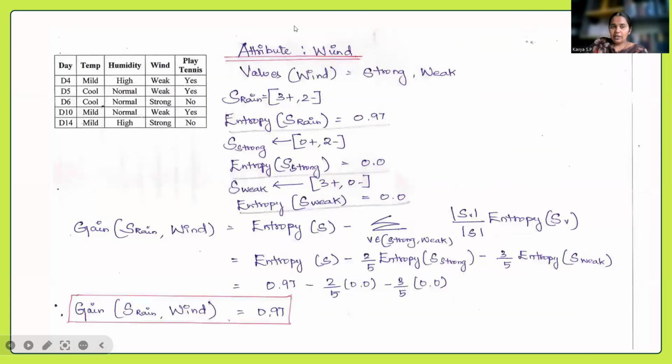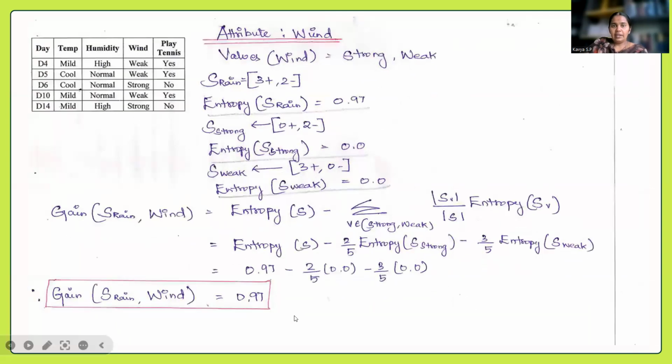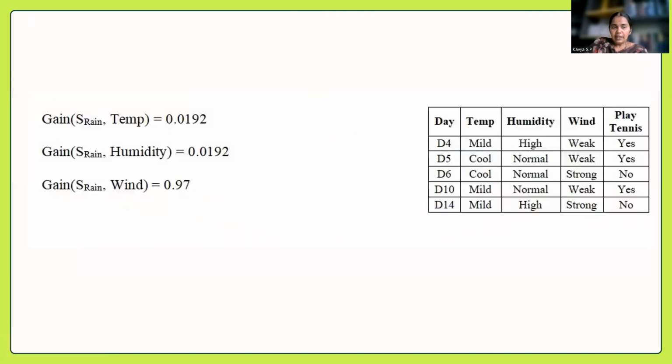For the attribute humidity, it is 0.97, and for wind, it is 0.97. Among temp, humidity, and wind, the one which has the higher information gain is none other than wind.